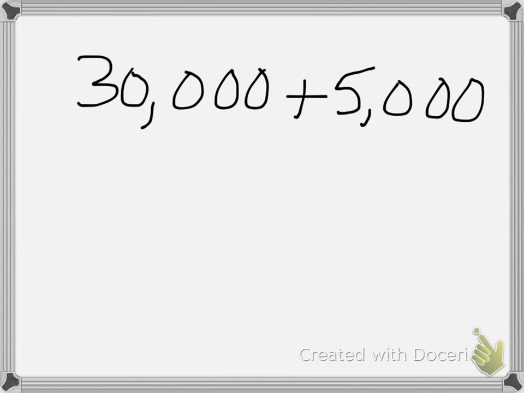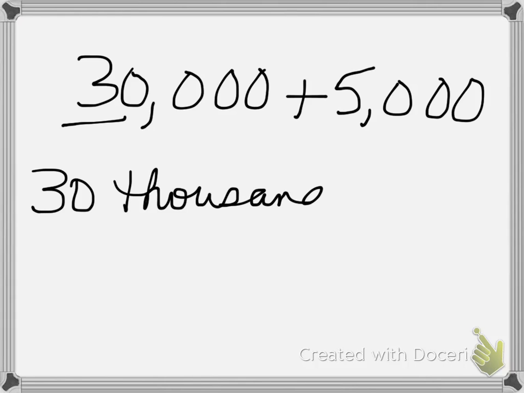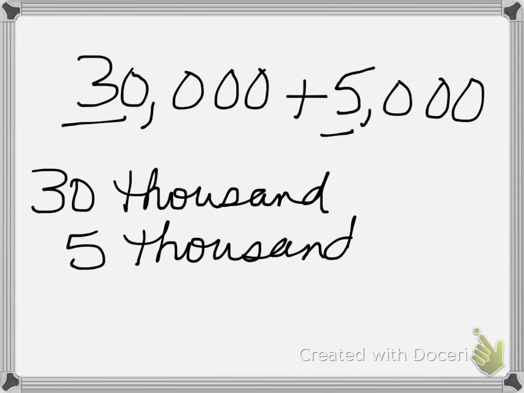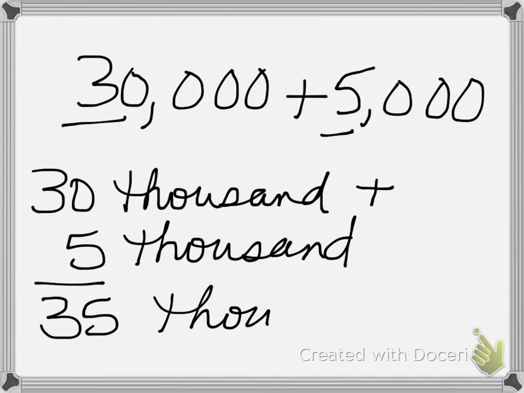And so what you're supposed to do is think in thousands. Okay, so you have 30,000, and you have 5,000. And if you add 30,000 plus 5,000, you're going to get 35,000.